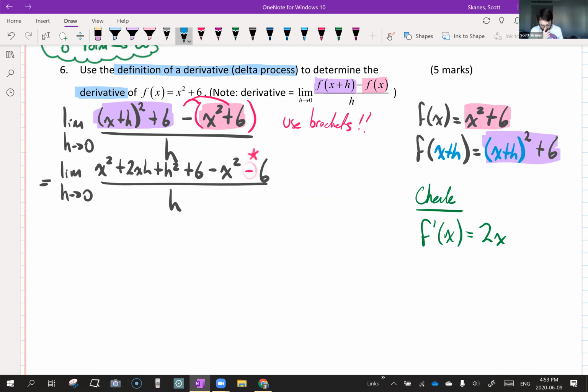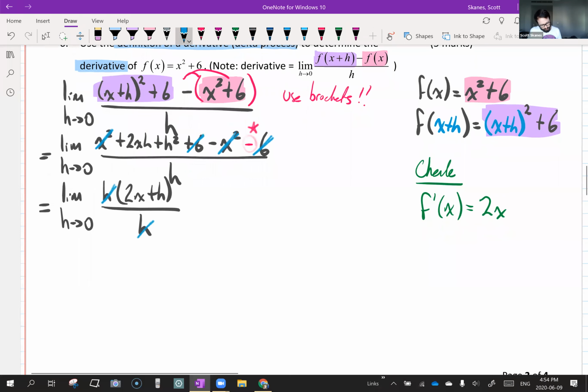Let's take a look and see what can cancel. x squared and x squared. 6 and, sorry, negative 6. Let's see what's left. 2hx and h squared. So I'm going to factor out the h. h times (2x plus h) all over h. I see more h's. Goodbye, h's.